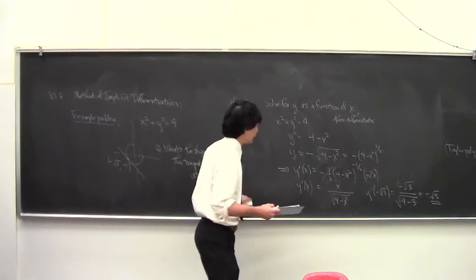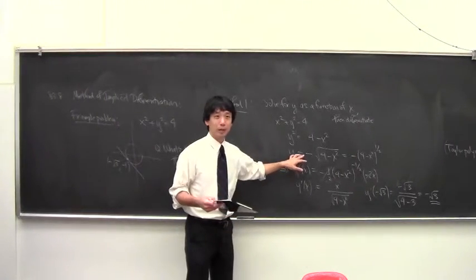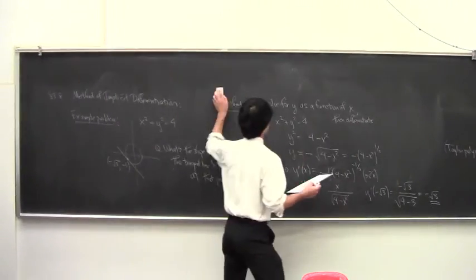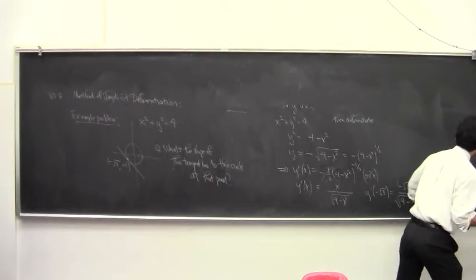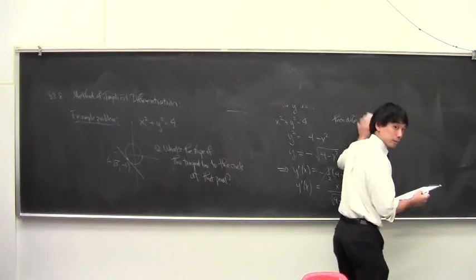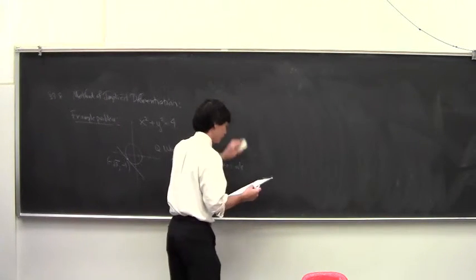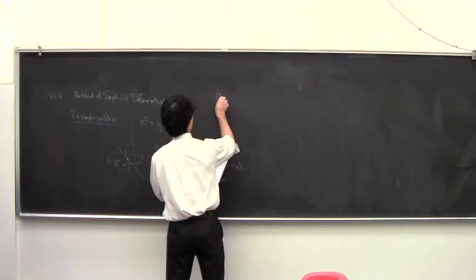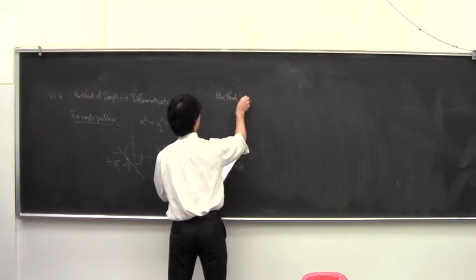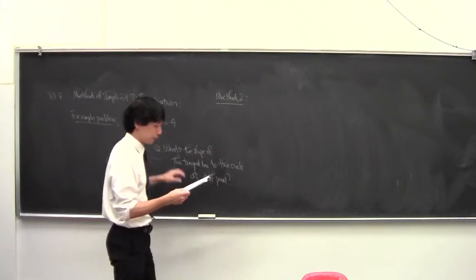Sort of figure out explicitly what the function is. Okay. Method 2 is the method of implicit differentiation.